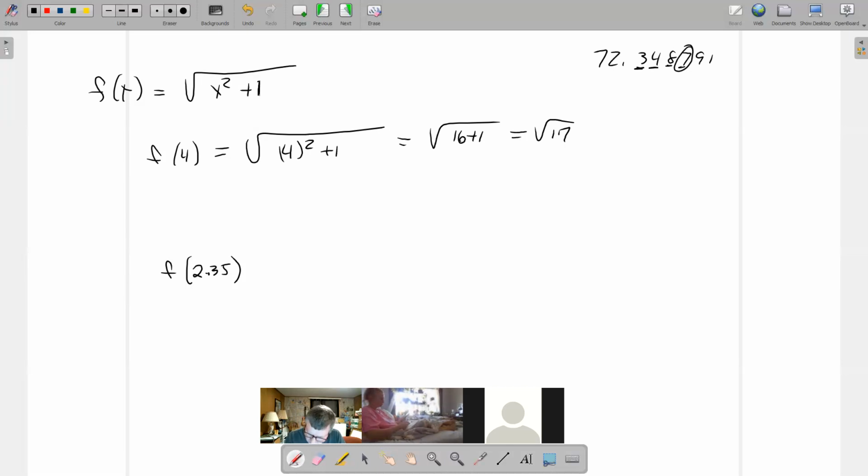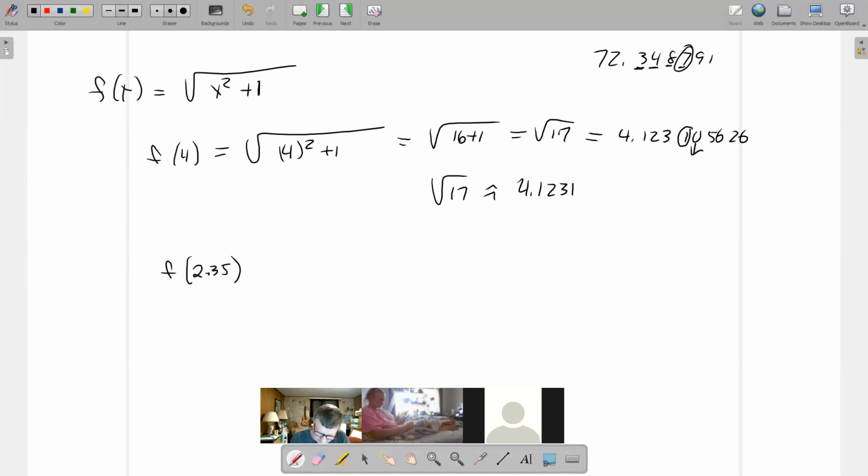This is what I get: 4.123105626. So we're going to go over 4 places. The 5th place would round down. So the square root of 17 is approximately 4.1231. Any question there?